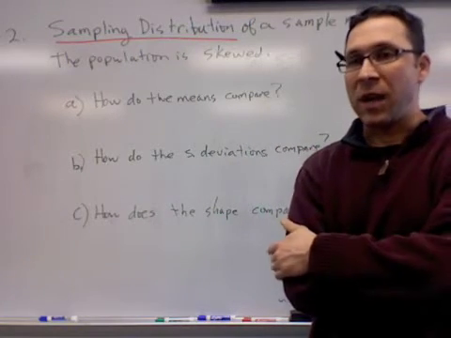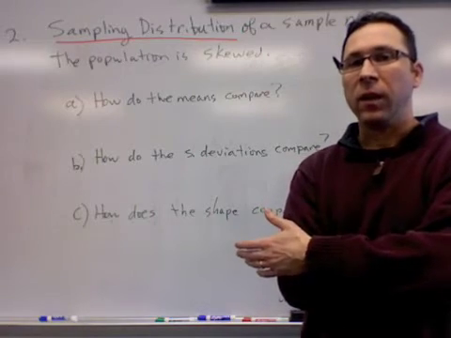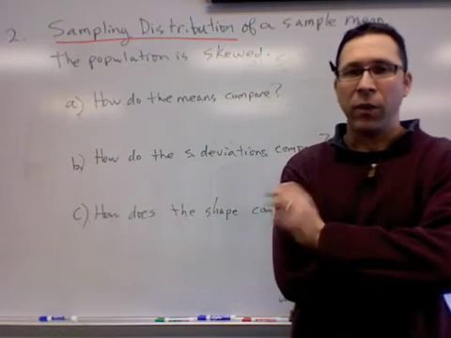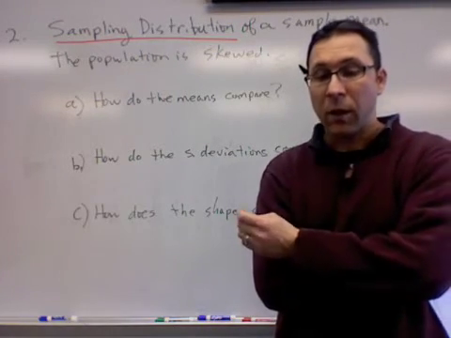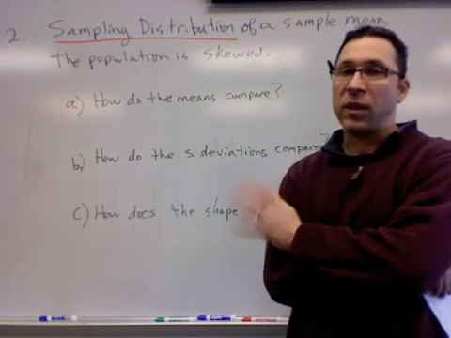It's something that you can't do in reality, but in theory, if you could collect every possible combination of, let's say, 30 people or 30 adults, it will change the distribution in several ways.